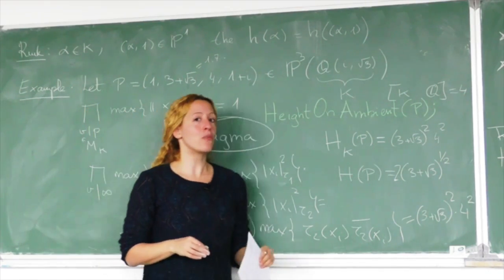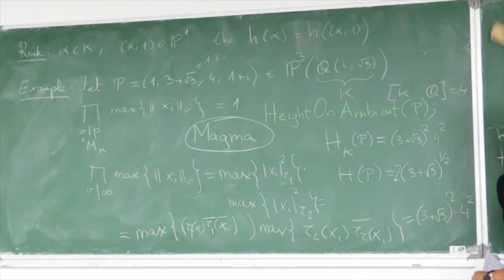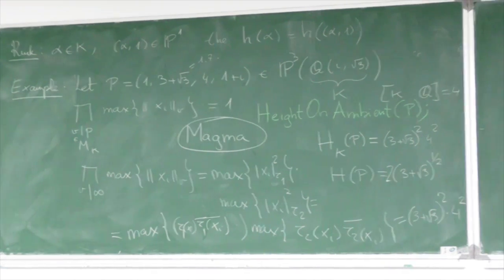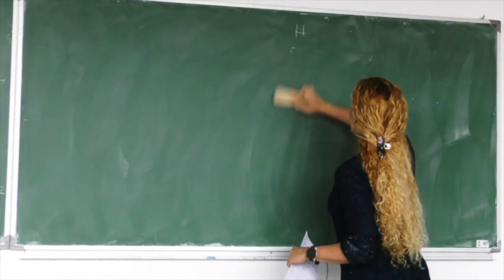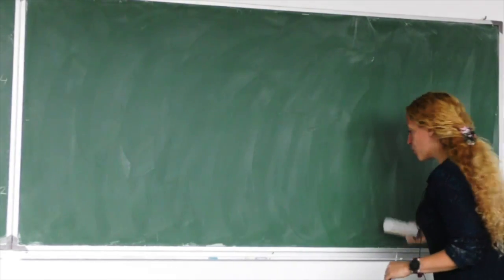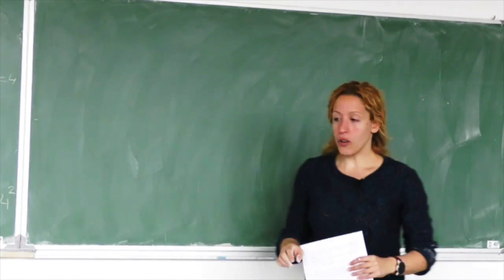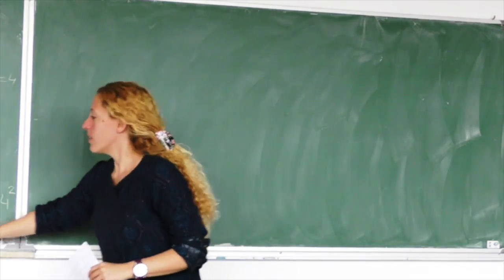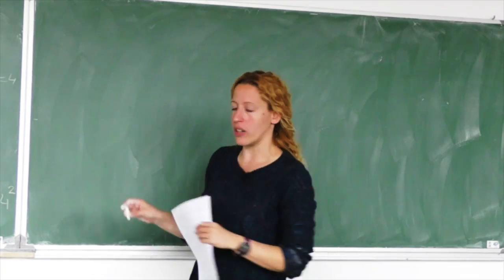Now let's see more properties of these points and of this height. Okay, so we are going to prove now a proposition that relates the height of a point and the height of a conjugate point.